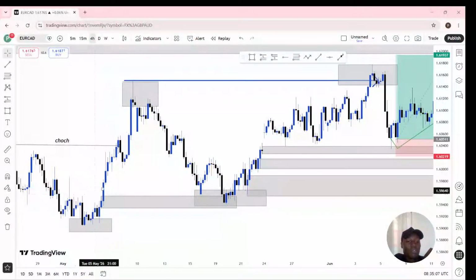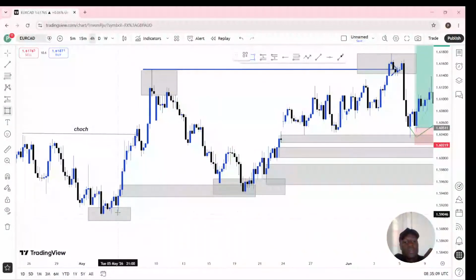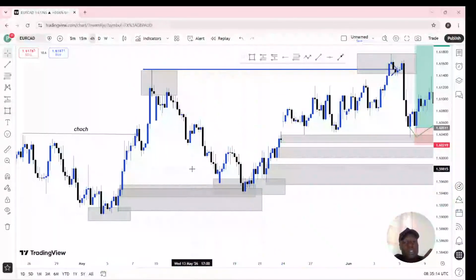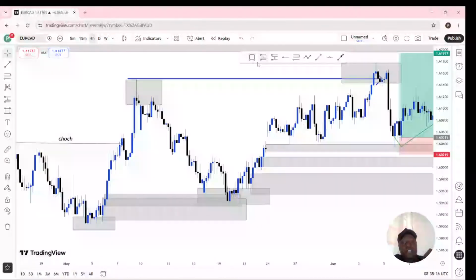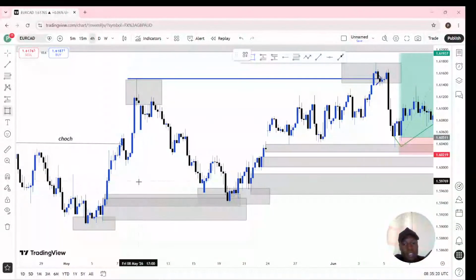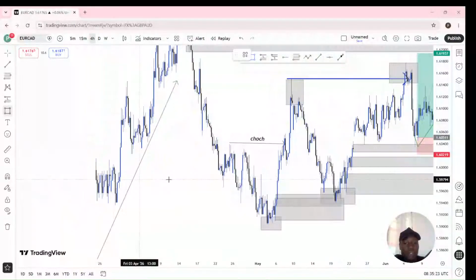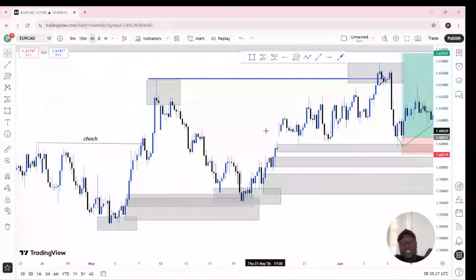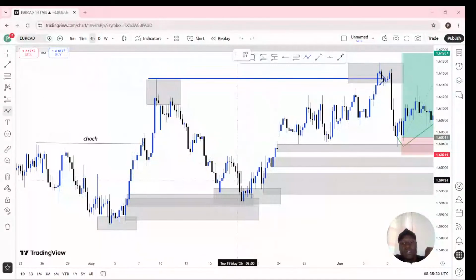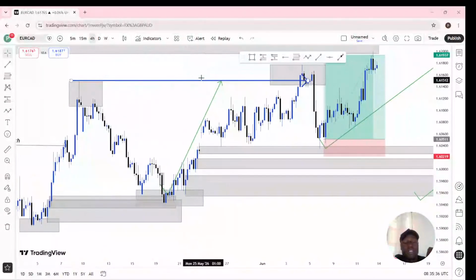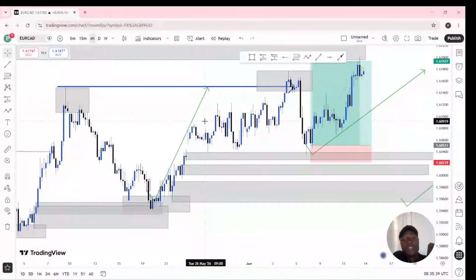We had this point of interest, and that's another one. There were very many. Price retraced from that level, and of course these were many weeks ago, and boom, that was a take profit hit.